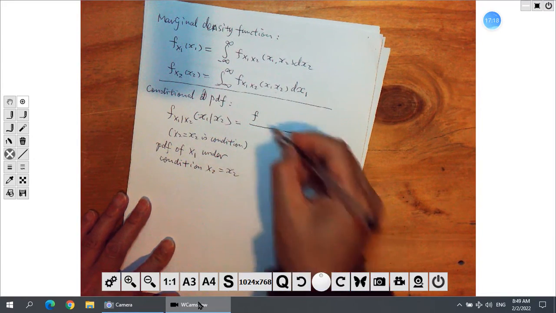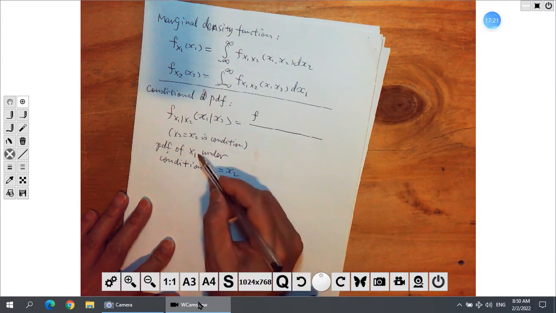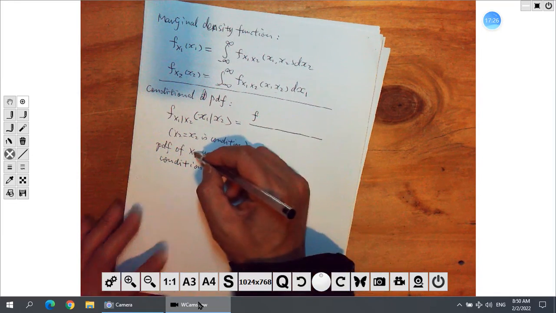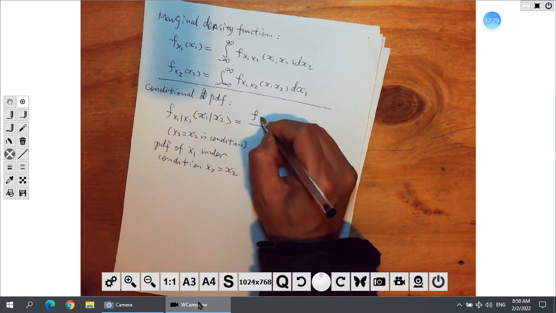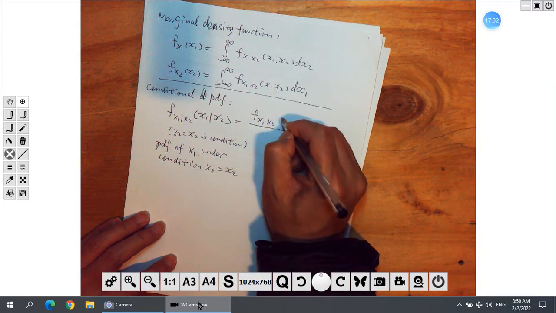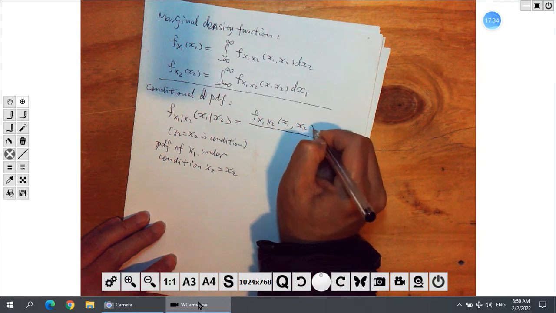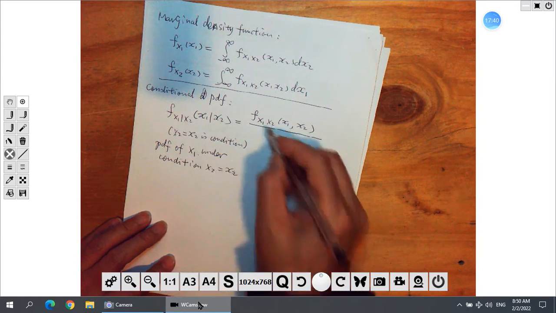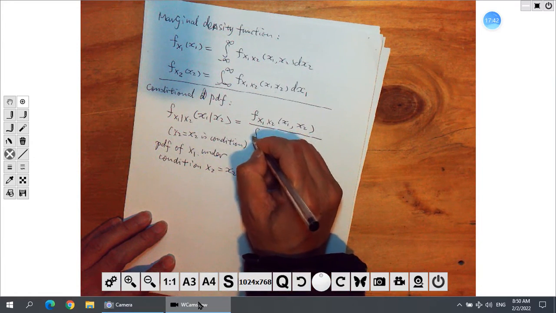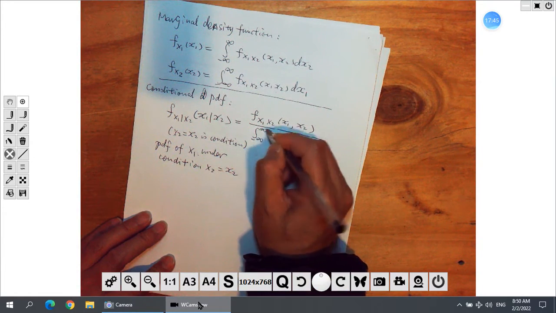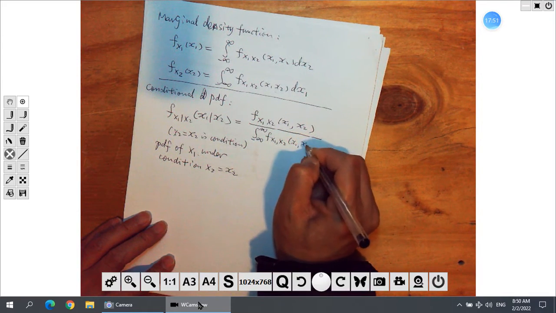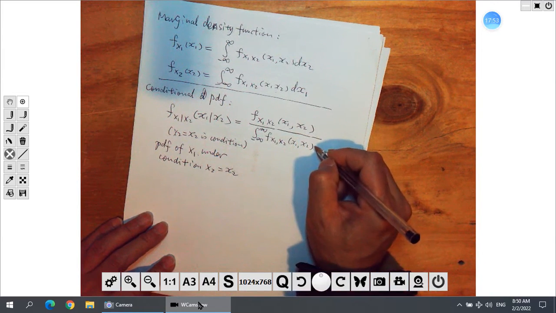The numerator is the intersection of both, x1 equal to x1 and x2 equal to x2, so this is just f(x1, x2). The denominator is the probability of the condition, so this is the integral from negative to positive infinity of f(x1, x2) dx1, where x2 is fixed.